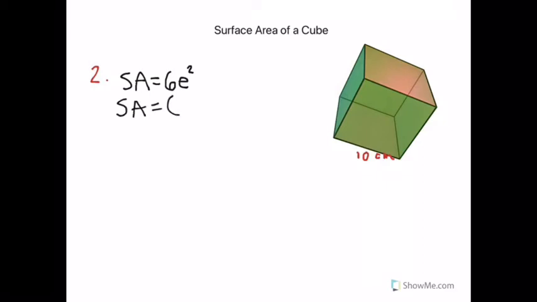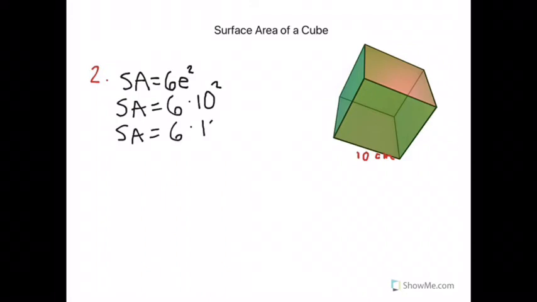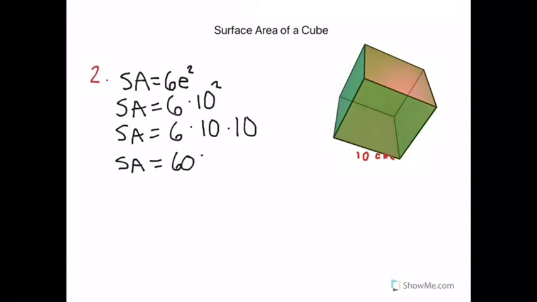SA equals 6 times 10 squared. That is simply 6 times 10 times 10. 6 times 10 times 10 is 600. And that is centimeters squared. Don't forget that squared on centimeters since we are working with area.